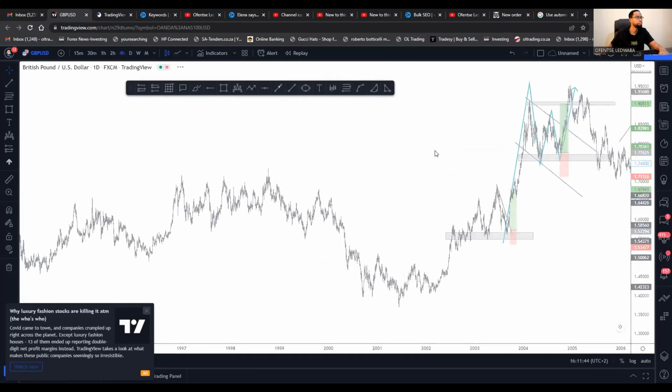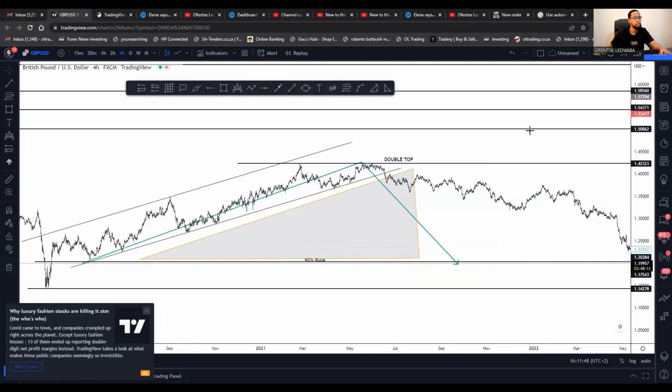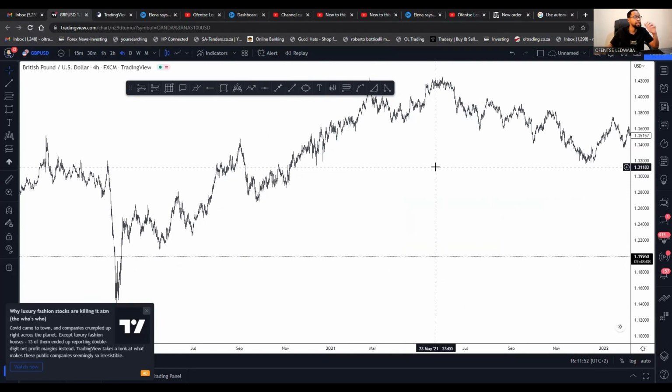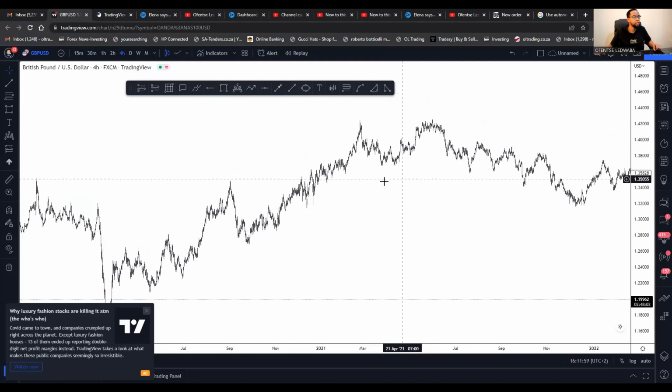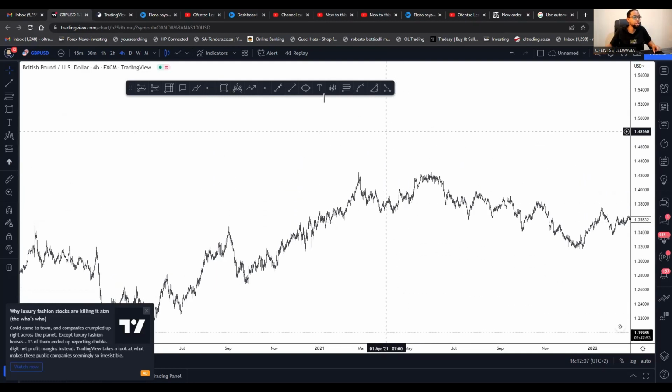Okay, now let me go to 4-hour time frame. So I'm gonna remove this so that you can see that the same rules I applied on daily time frame, I'm applying them on the 4-hour chart. So this will definitely assist you in making sure that you make the correct trades.